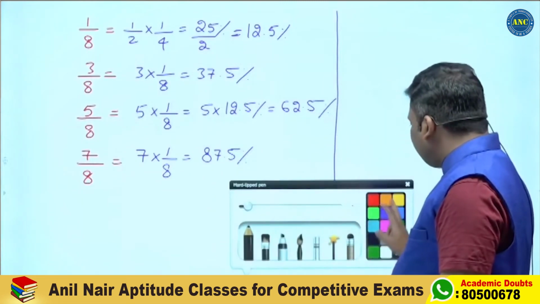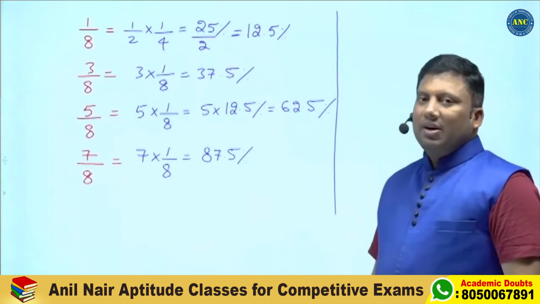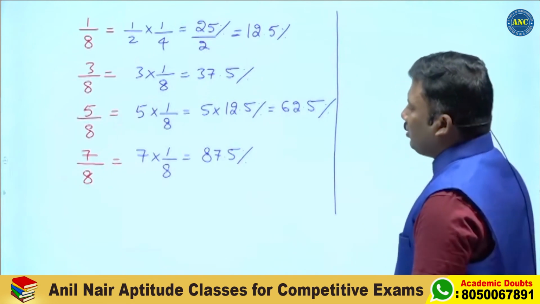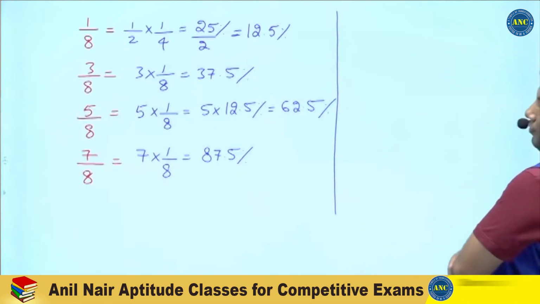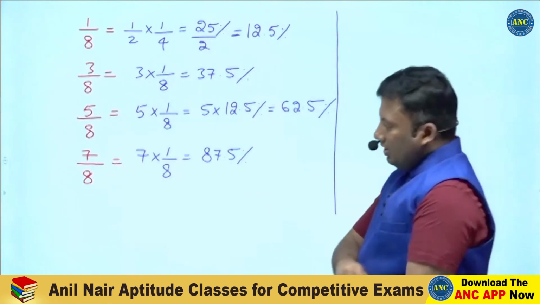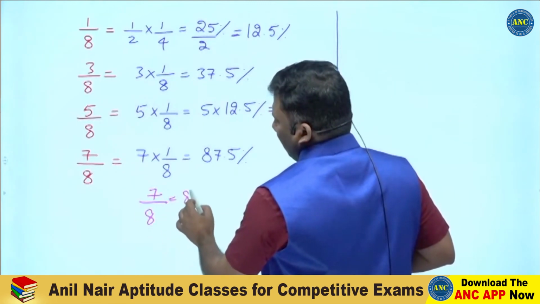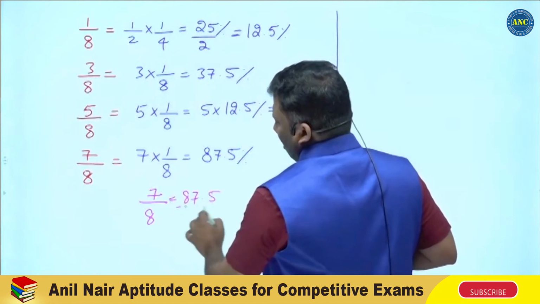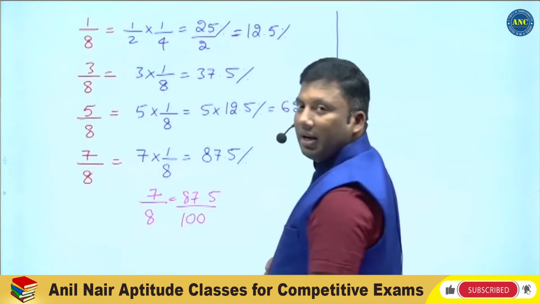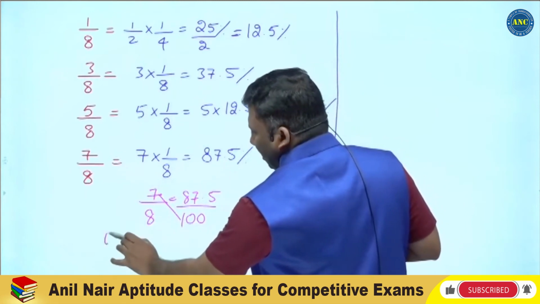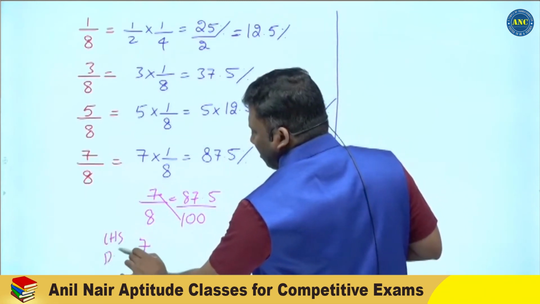Next one. 7 by 8, 7 into 12.5%, which is 87.5%. Now see here, sir, because it is closest, 7 by 8 is 87.5 by 100. Cross multiply: 7 into 1, and the left hand side digital sum is 7.